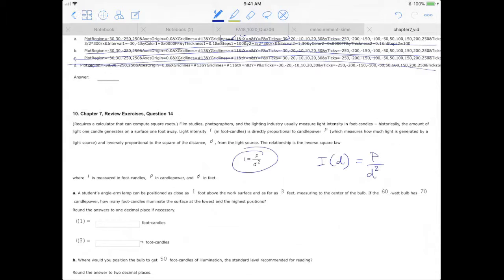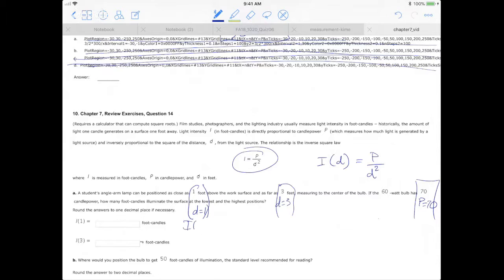If my D is 1, so it's saying let's compare D equal 1 to D equal 3. There's the candle power. So that's the constant P equals 70 in this case.